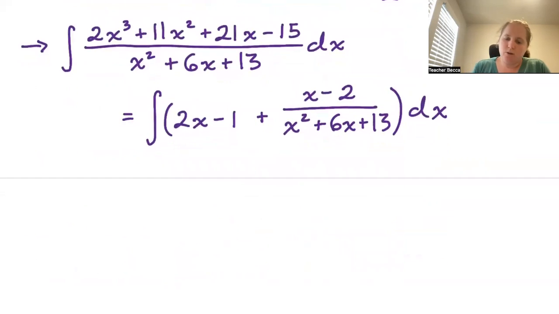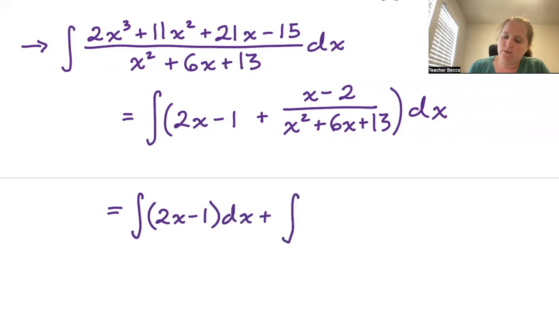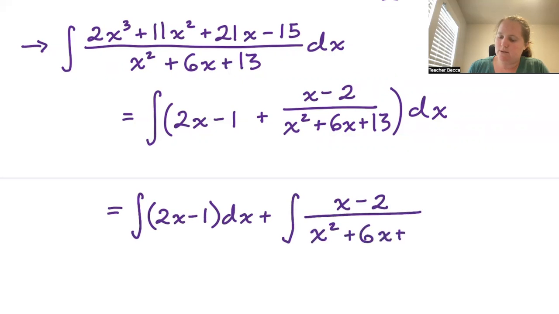We'll go ahead and split this as the integral of 2x minus 1 dx plus the integral of x minus 2 over x squared plus 6x plus 13 dx.